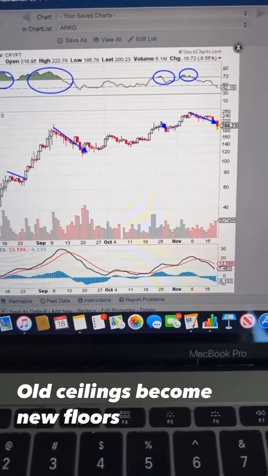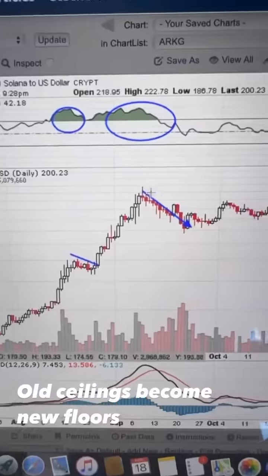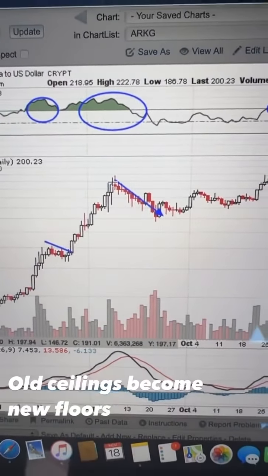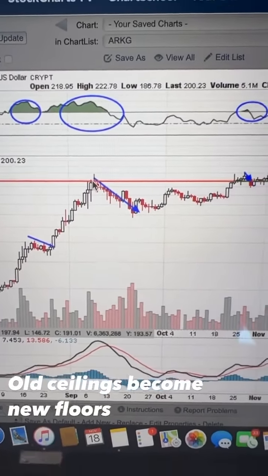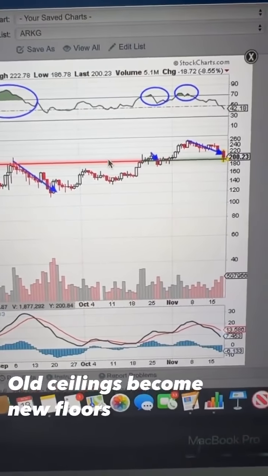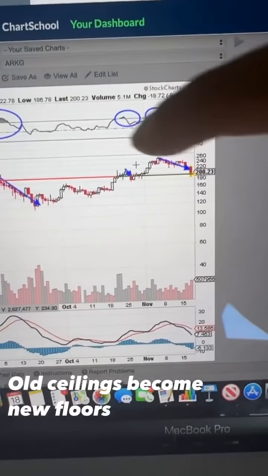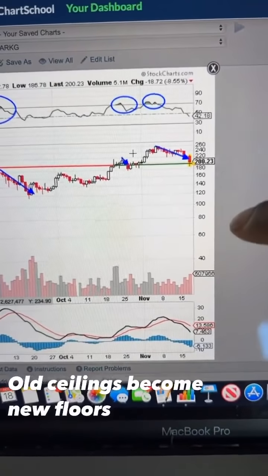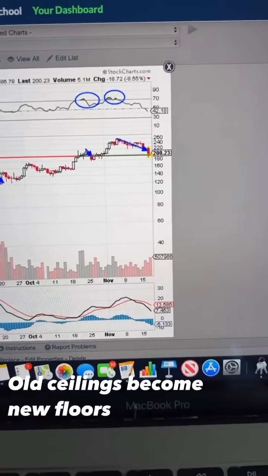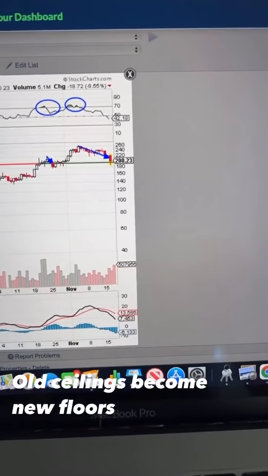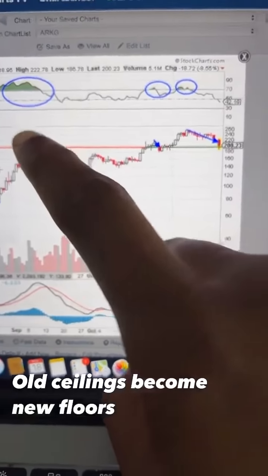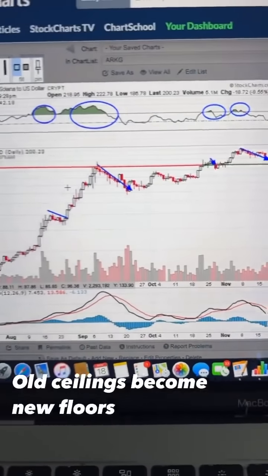So if I take this level of resistance and I draw a line like this, then every time the asset pulls back and it touches this line, that means it's an area of support now. So the ceiling becomes the floor. Does that make sense? The old ceilings become the new floors.